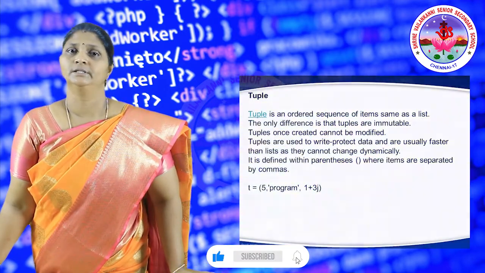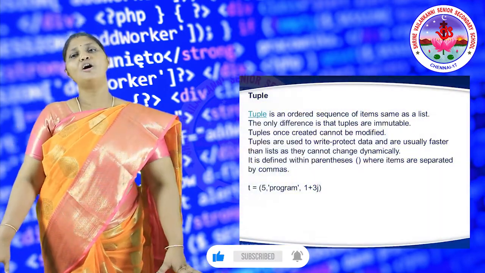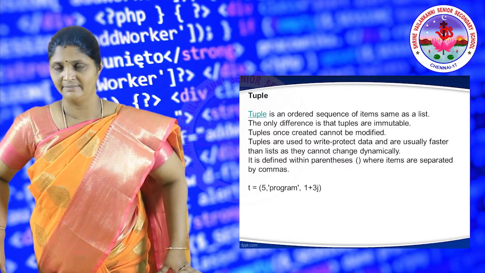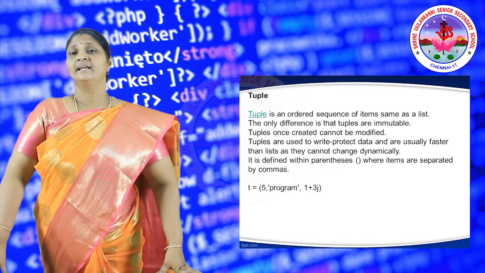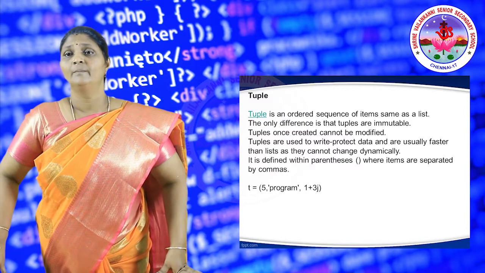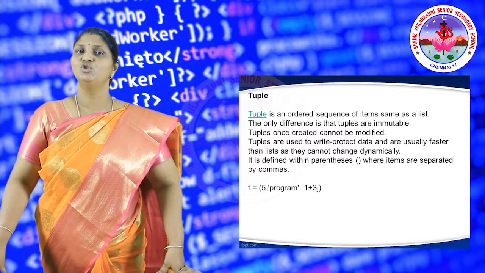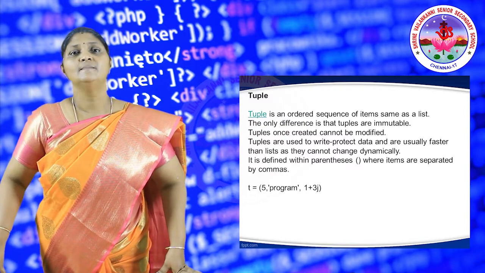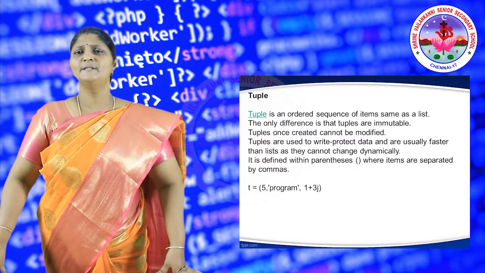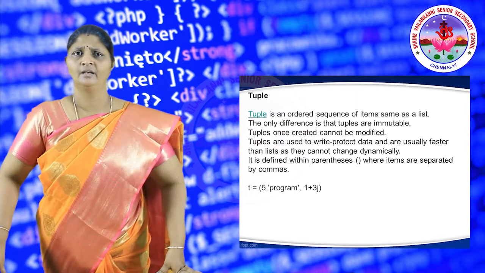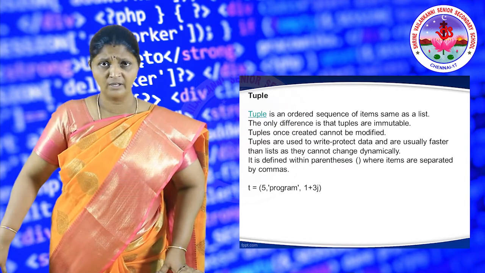Next is tuple. A tuple is an ordered sequence of items and it is similar to list, but the only difference is list is mutable but tuple is immutable. Tuples once created cannot be modified. We know that very well, right? We have worked it out.